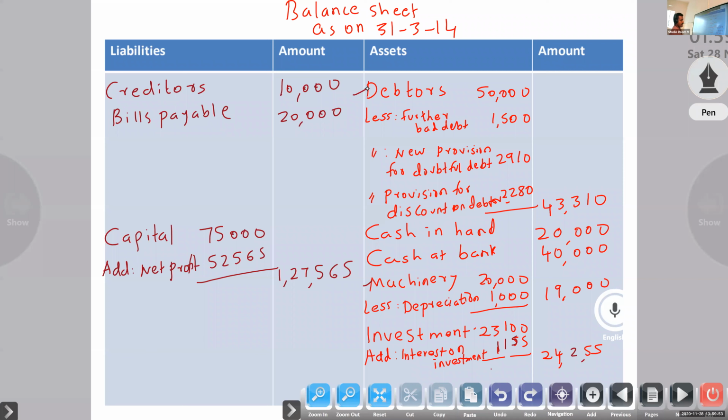Prepaid wages, asset or liability? Sir, asset. Okay, normally we have to write here current asset, prepaid wages.